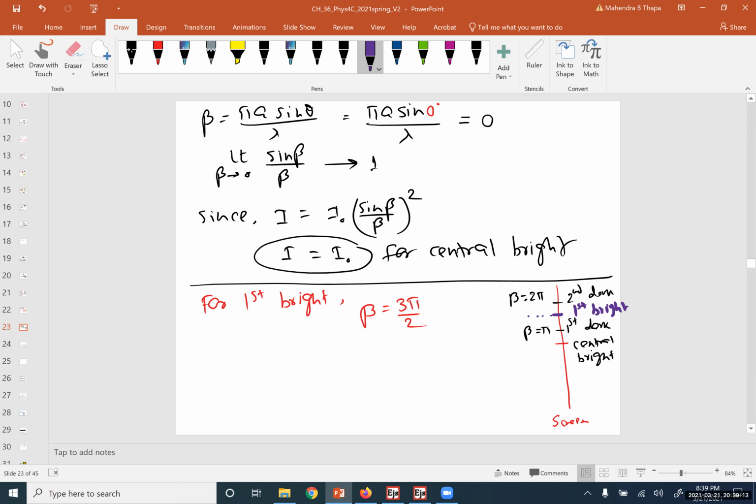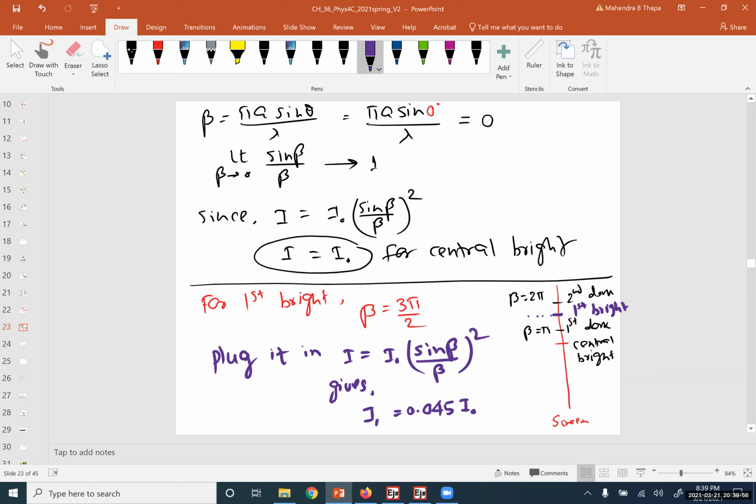Okay, so if we plug this value into I equals I naught sine beta over beta squared, which is the intensity in the case of diffraction, it will give you the intensity I1 for the first bright as roughly 0.045 times I naught.